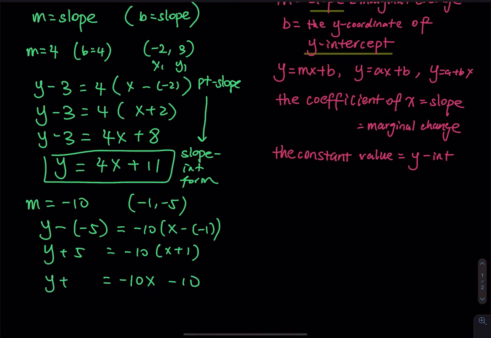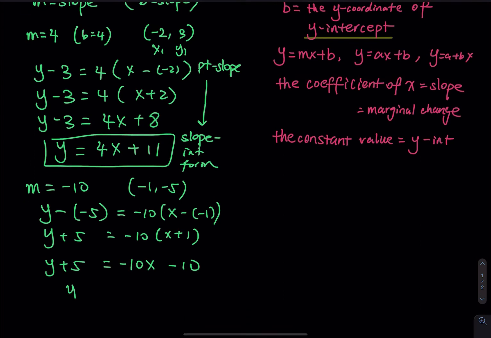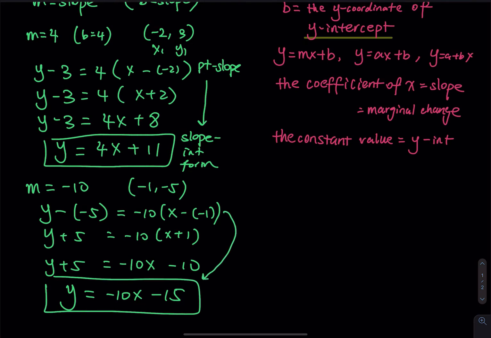And then y plus 5 equals that, and then you subtract 5 on both sides, so you have y equals -10x minus 10 minus 5, which is minus 15. So from this line to this line, we just went from Point-Slope Form to Slope-Intercept Form. That's how you do it. You start from Point-Slope to Slope-Intercept.